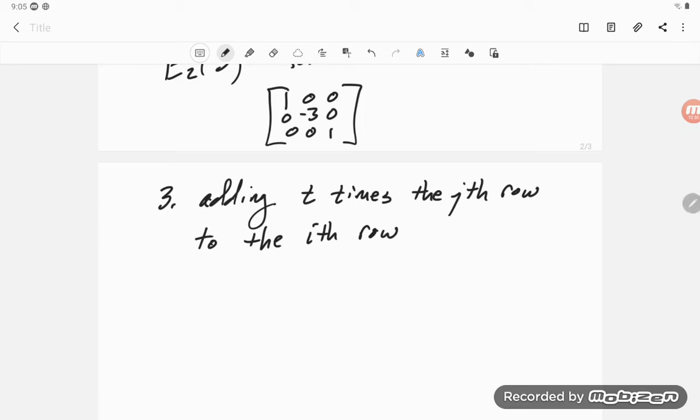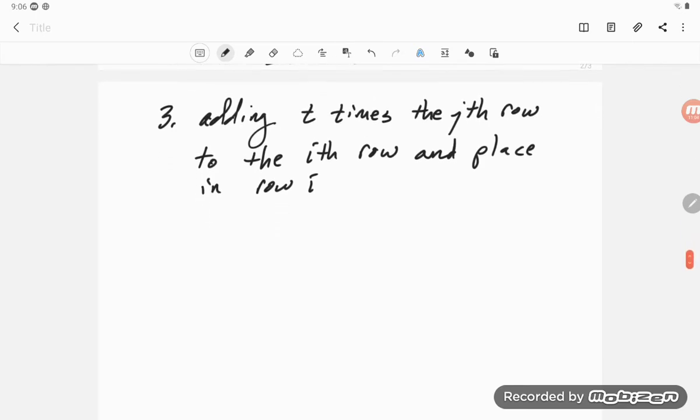They don't state that real clearly, but what we see when we look at this is we change the ith row of the identity matrix, so this is in place in row I. So you are taking the jth row, multiplying it by something, adding it to the ith row, and putting it in the ith row.